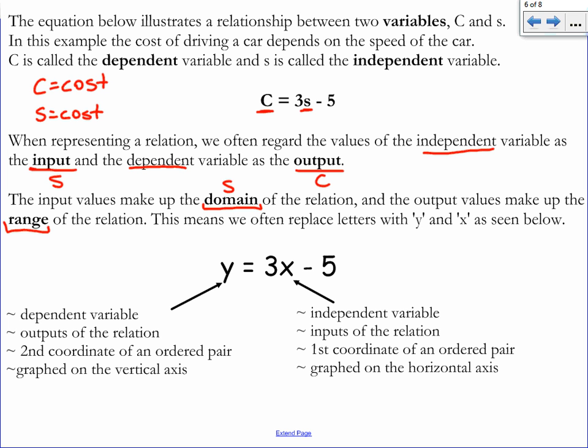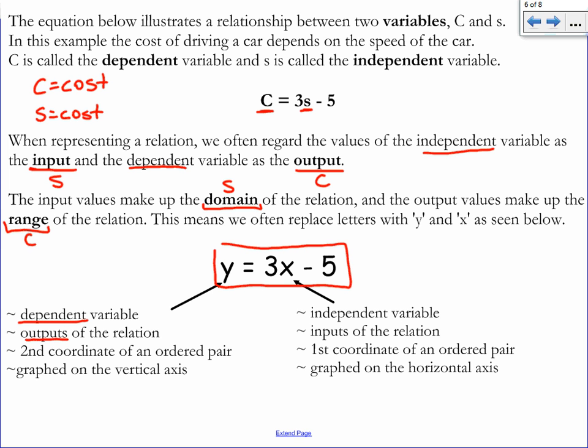Below here, you'll see that they've changed S and C to become X and Y because when we graph things, we're always talking about X and Y values. So you'll often see us change things to X's and Y's. And you see they've labeled Y as the dependent variable, which means it's the output, which means it's the second coordinate in an ordered pair, and it's on the vertical axis if you were graphing.